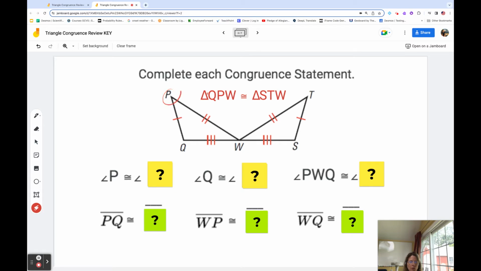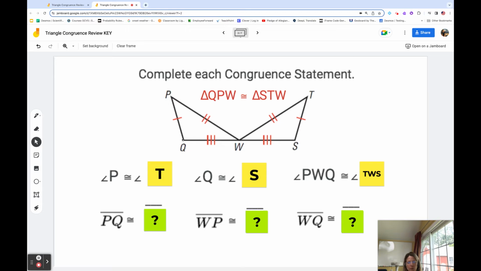Also, the topmost angle, because you can see that this triangle is congruent to the other just by a reflection, right? So angle P is congruent to angle T. Angle Q is congruent to angle, base angle, first letter, S. Angle PWQ is congruent to angle TWS.